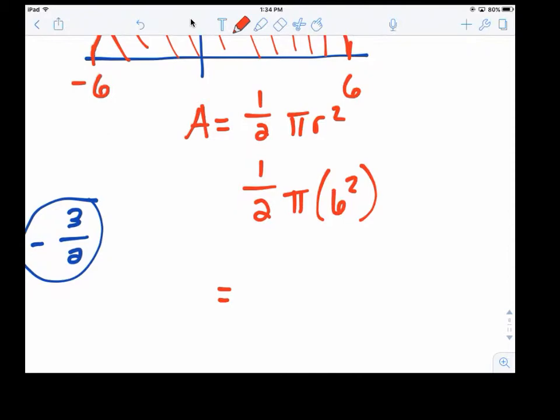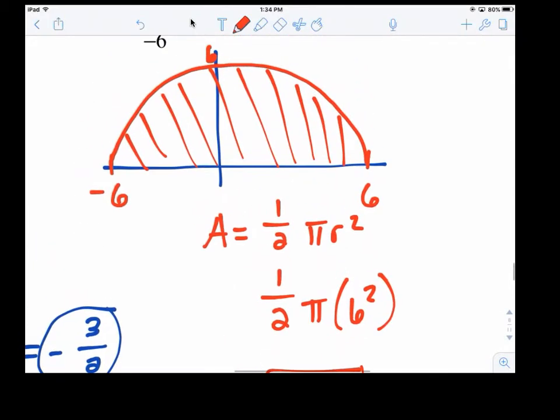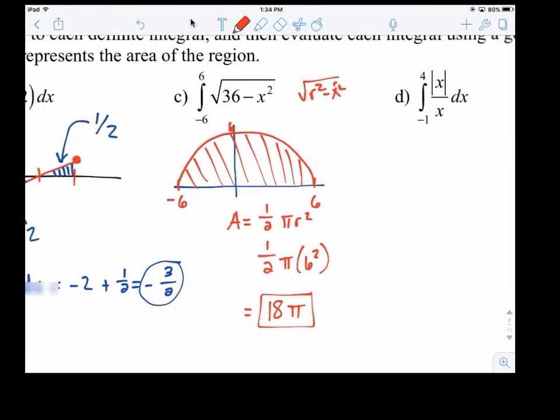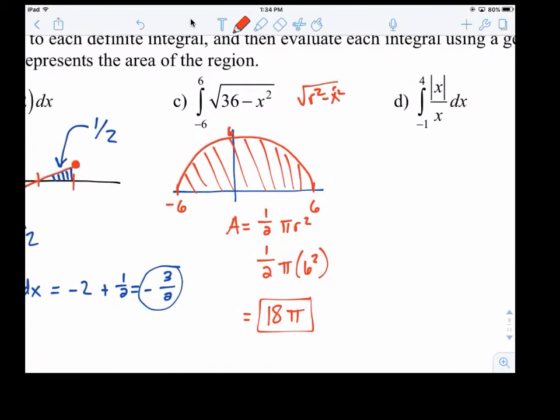So your answer would be what? Right. Yeah, it's all above the x-axis, so yeah. Correct.